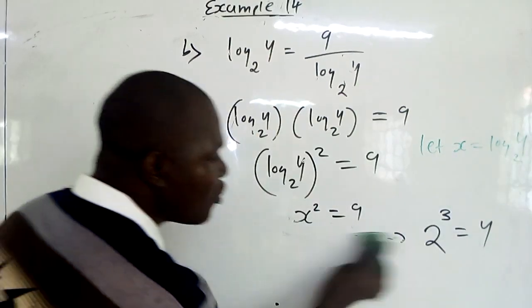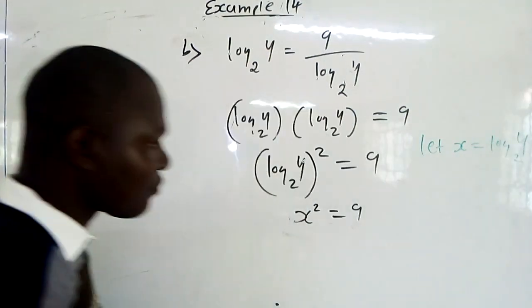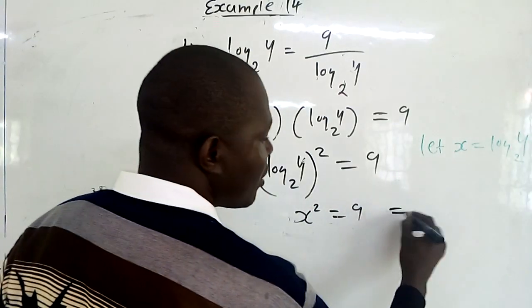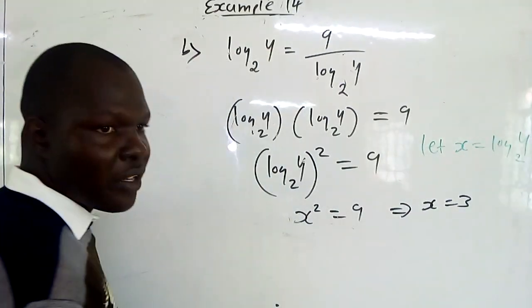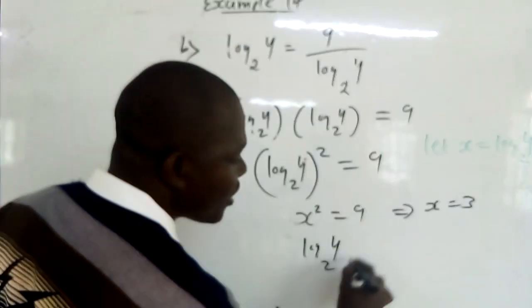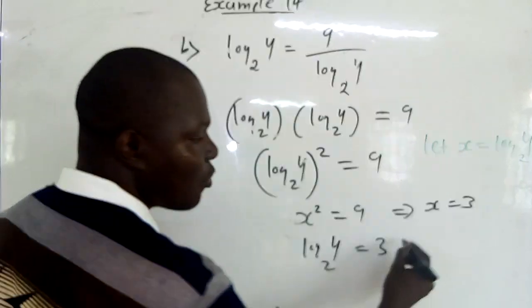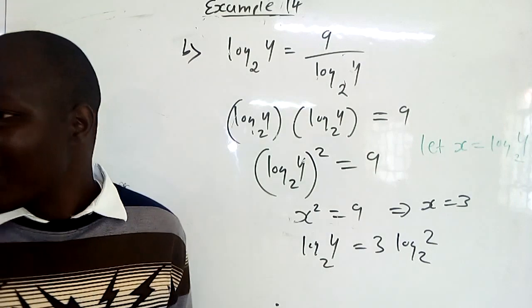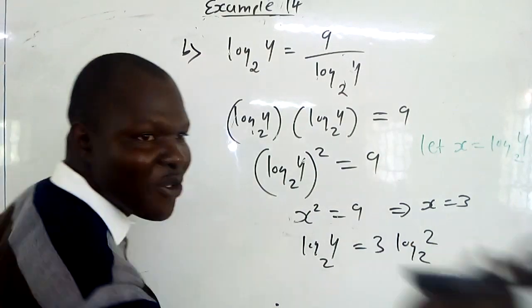Or another thing you can do, what did I say here? We found x is equal to 3. So you have log y to base 2 is equal to 3. So if this is base 2, on the other side of the equation you introduce log 2 to base 2. A log of a number to the same base is 1, so you have the same base on both sides of the equation.